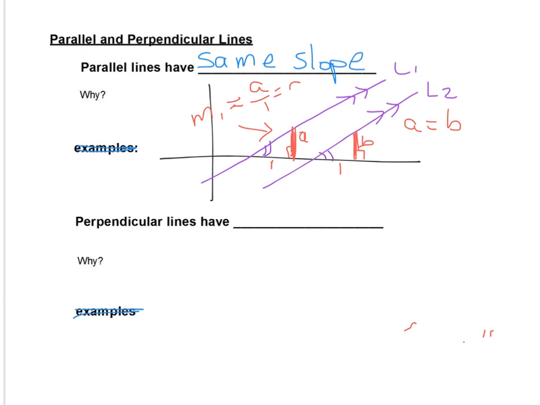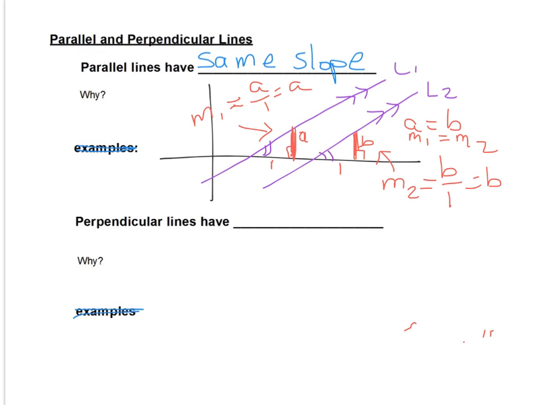It equals A. And I know this slope right here for this line, slope 2, is rise over run. So M2 is B. So A equals B, but A is what M1 was, and B is what M2 is, so M1 equals M2. Voila.